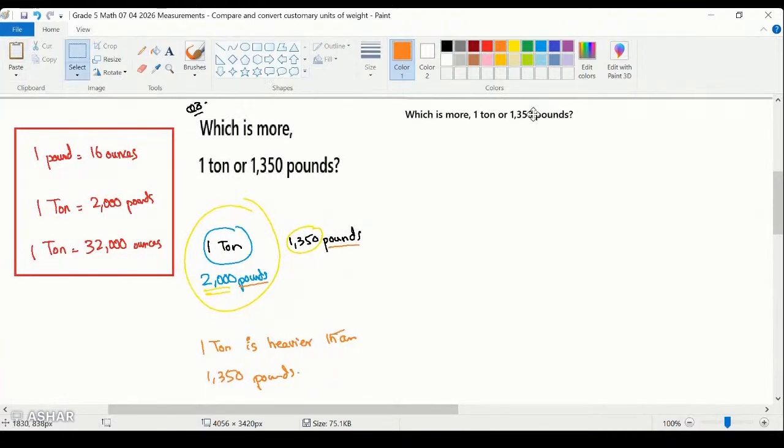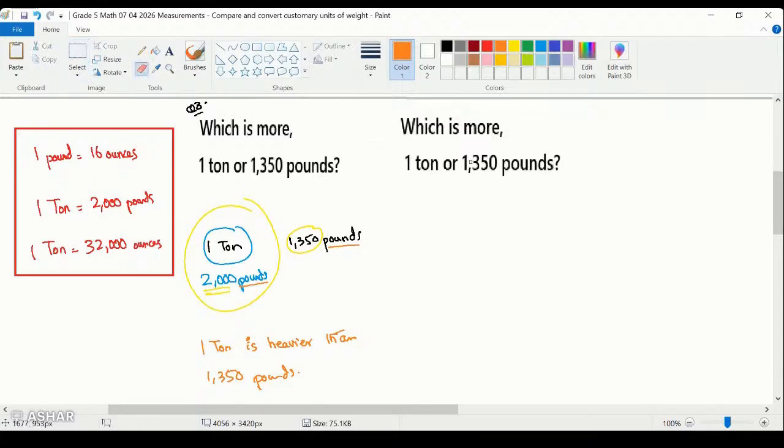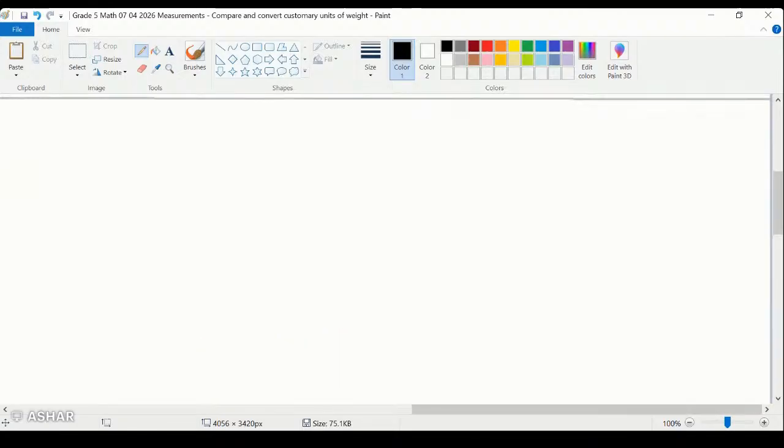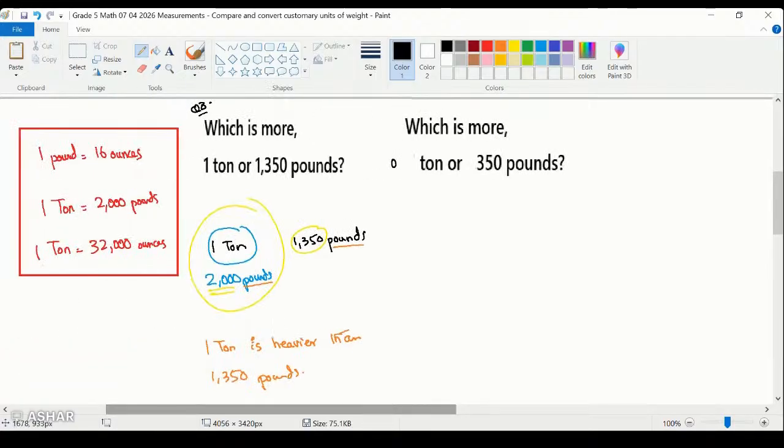I'll just change these values over here. Let's make this 850 pounds and 0.25 tons.